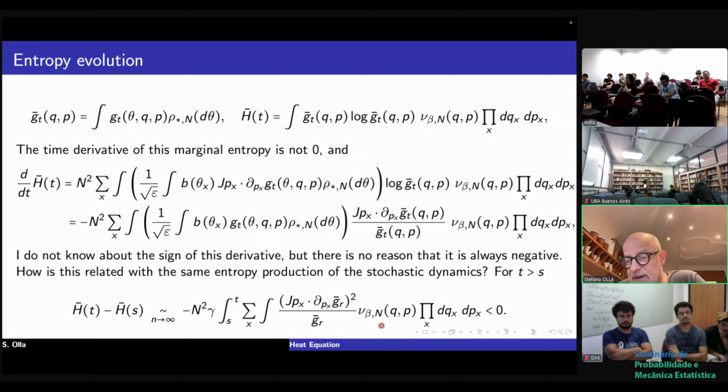I don't have a proof for this, but I conjecture this should be true, and we should see this entropy production be similar in the diffusive limit to the entropy production of the stochastic dynamics.